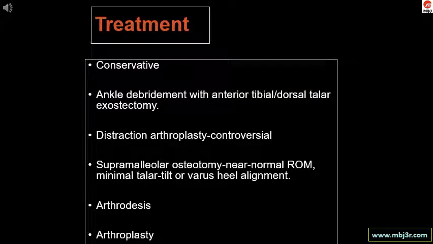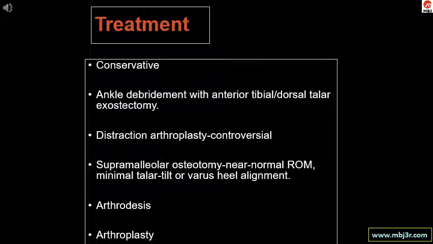Coming to the treatment, you have to try conservative treatment in all patients. Some surgeons remove the exostosis open or by arthroscopic method. It will help in some cases. Distraction arthroplasty is a controversial treatment.